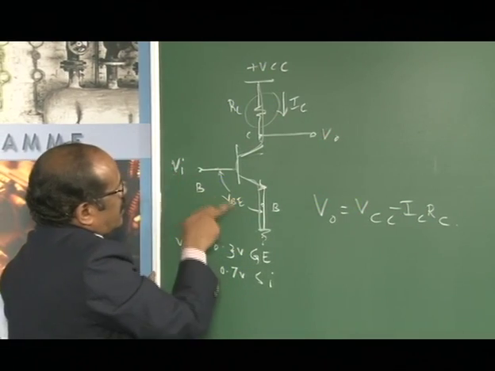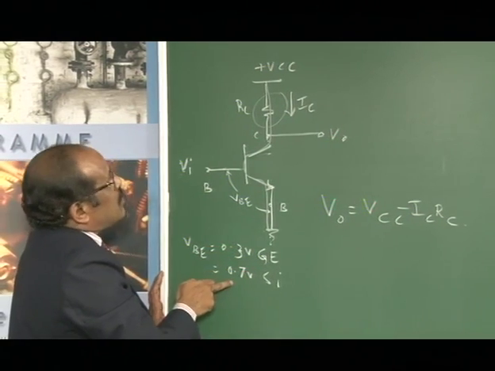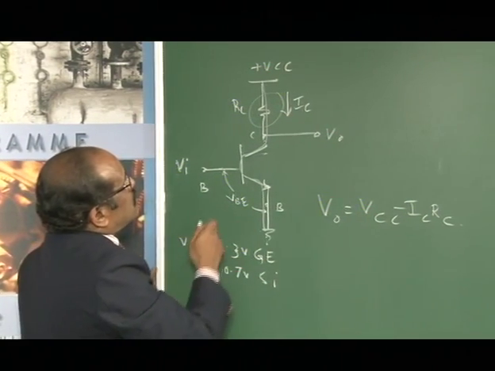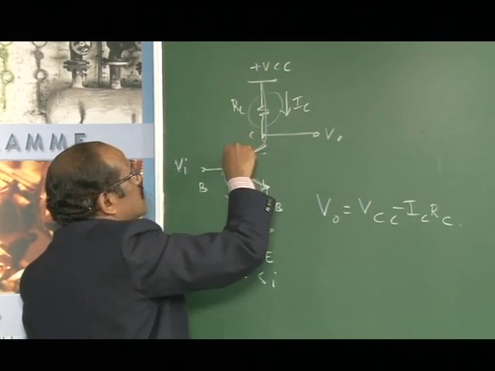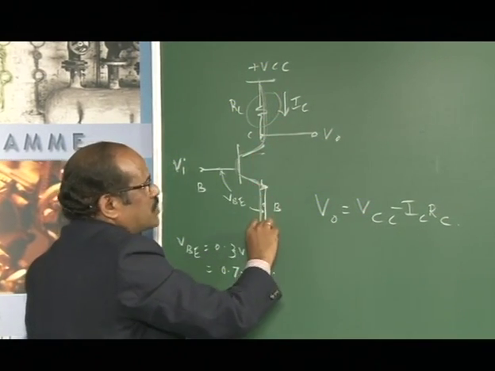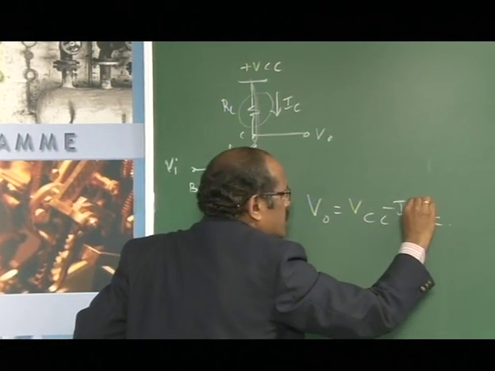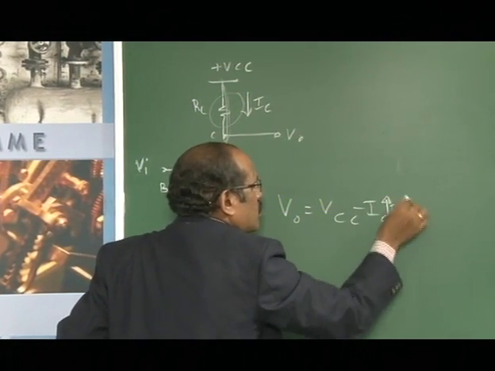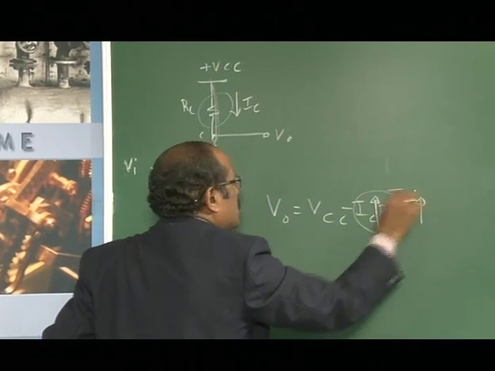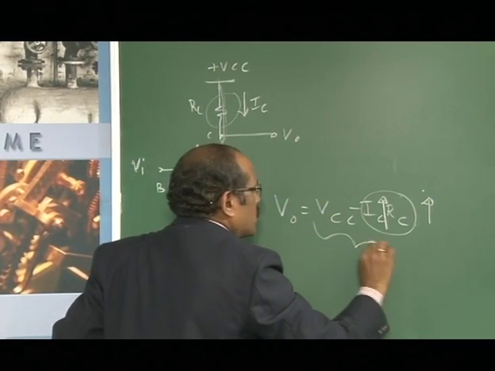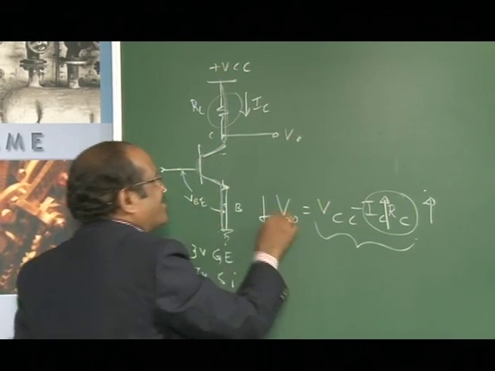When Vi exceeds VBE, 0.3 or 0.7 depending upon which transistor you use, the transistor conducts, there is a current, and a voltage drop. When IC increases, this drop increases, and therefore the total output decreases.